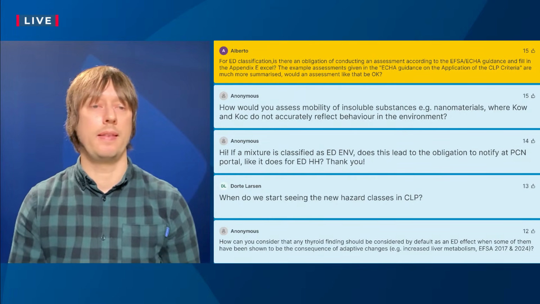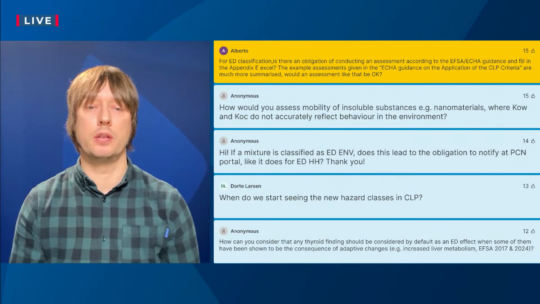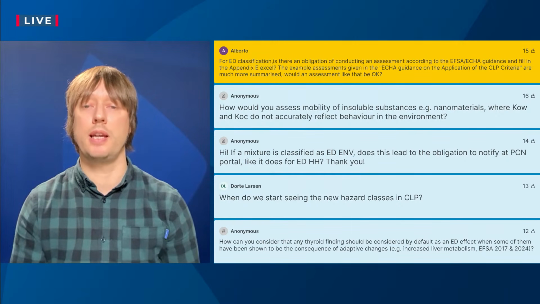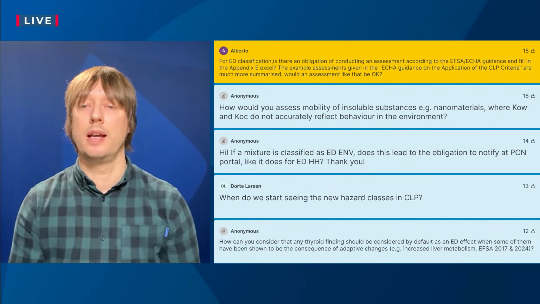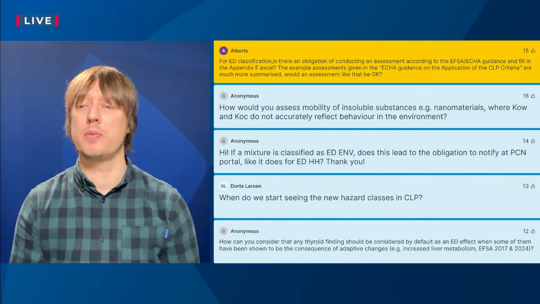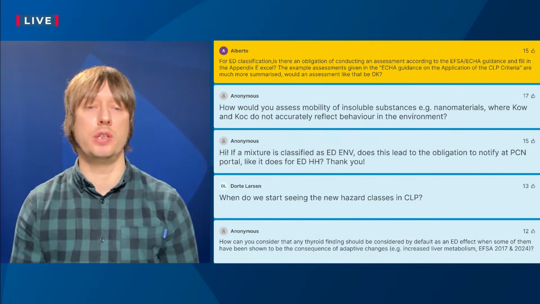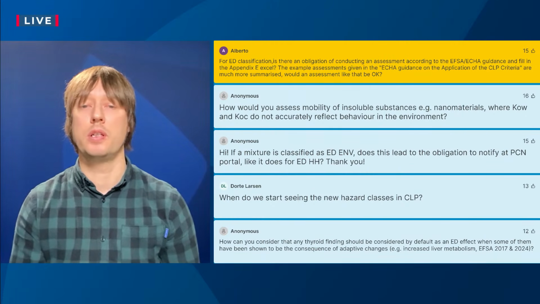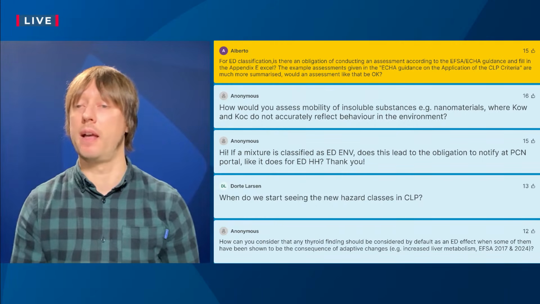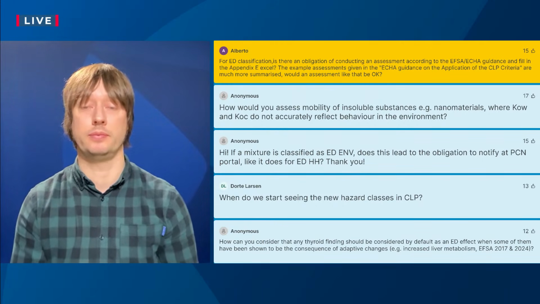Moving on. For ED classification, is there an obligation of conducting an assessment according to the ECHA guidance and to fill in Appendix EXL? The example assessments given in the ECHA guidance on the application of the CLP criteria are much more summarised. Would an assessment like that be okay? Kirsi? Thank you, Simon.